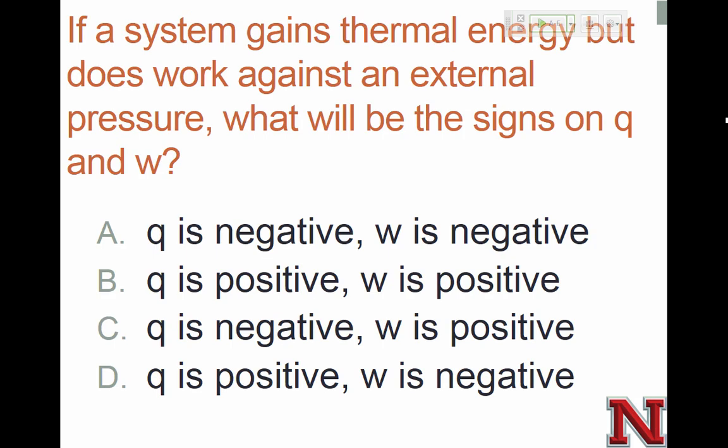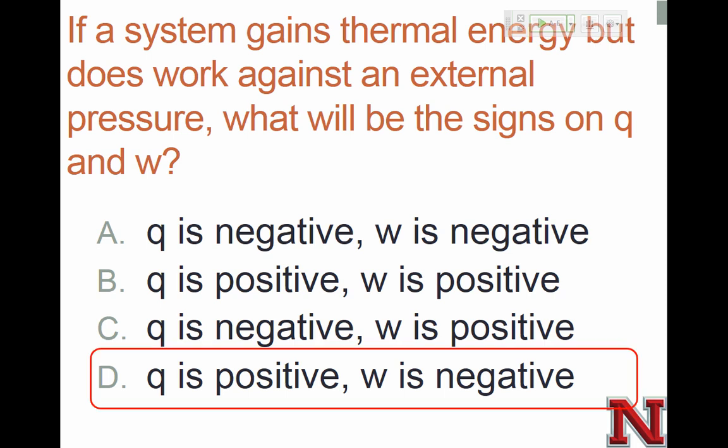So if we look at this one, a system gains thermal energy but does work against an external pressure. So it's gaining thermal energy. Q is thermal. It's gaining it, so Q is going to be positive, but it's doing work. Work is W, so it's losing that energy.